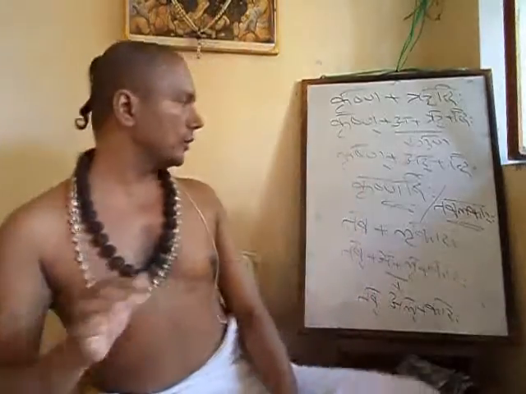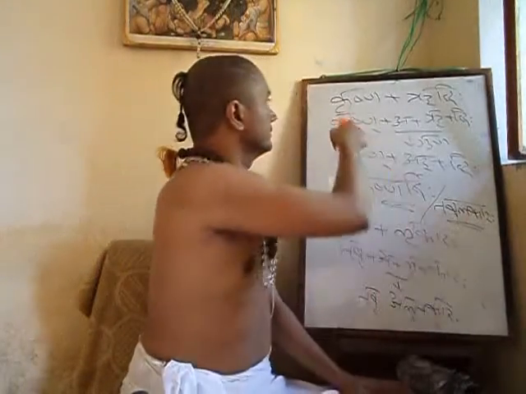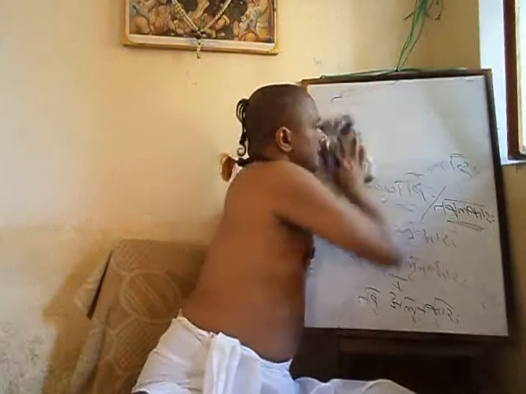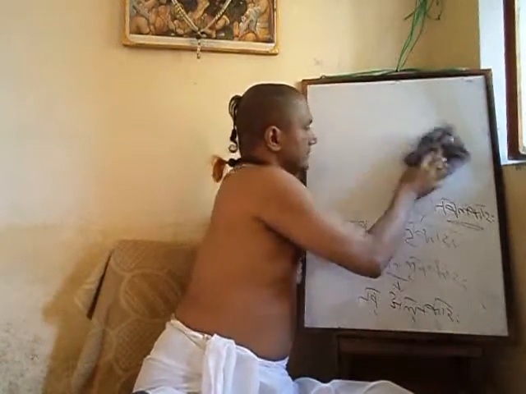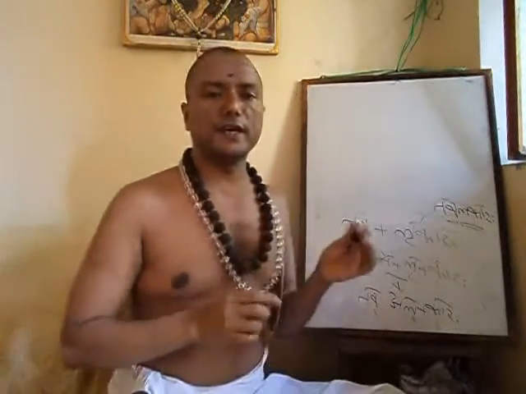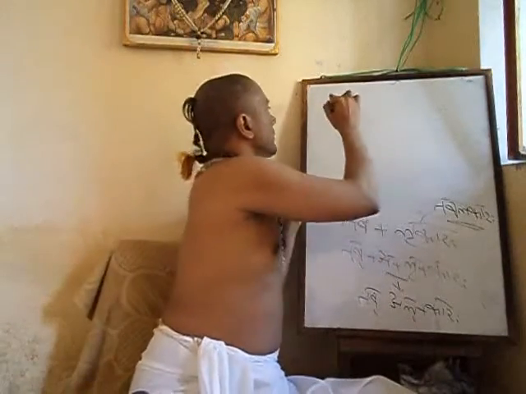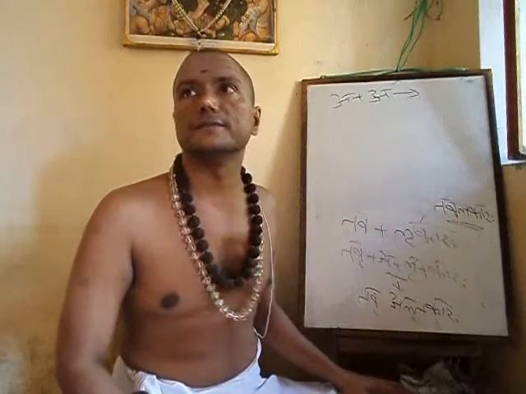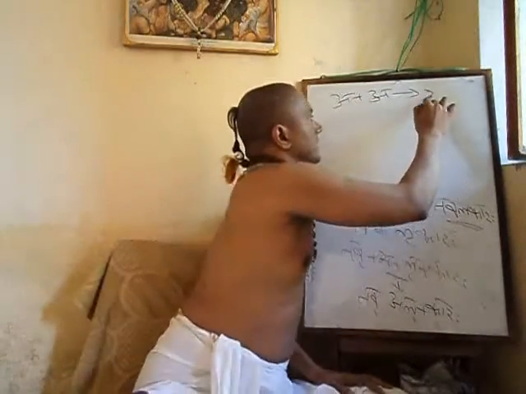Okay. Now what all have we seen? We have seen some basic sandhis. We will see one more sandhi sutra. If you group these sandhis, we have seen A plus A. A plus A is Akasavarne Dirgaha.